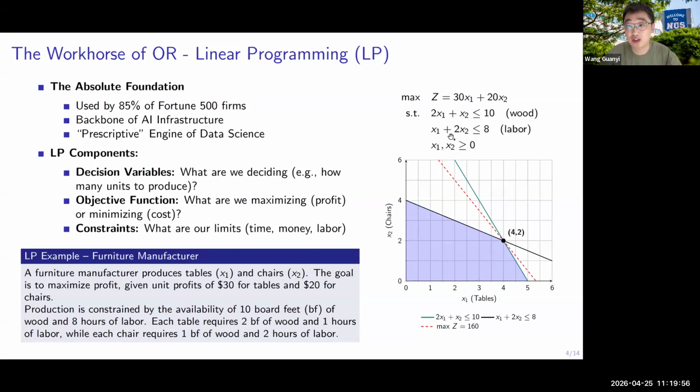As we can see, we have 2 linear inequalities, which represent the constraint on the wood and the constraint on the labor hours. And also we have two sign constraints on the decision variables x1 and x2.